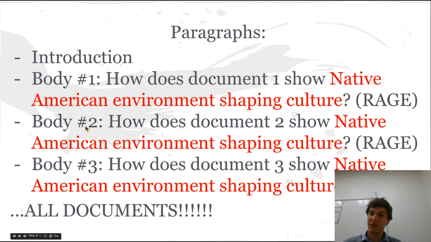Body paragraph 2, how does document 2 show those Native American environments shaping their culture? So on and so forth. Each document, every document, all documents need to be used to get full points. So check out these sample paragraphs and see how well you think they answer the prompt.